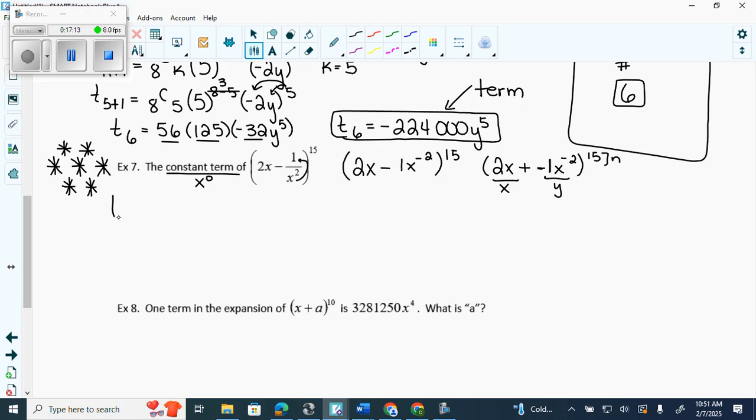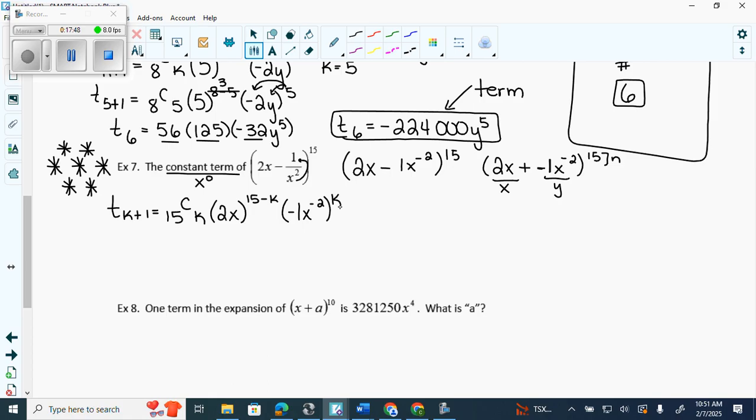So I'm going to go t k plus 1 equals n, which is 15, C k, don't know what it is, x, which is 2x, to the 15 minus k, and then y, which is negative 1, x to the negative 2, to the k. So did I do anything crazy? No. Did I just fill it in and leave k's be k's? Yes.